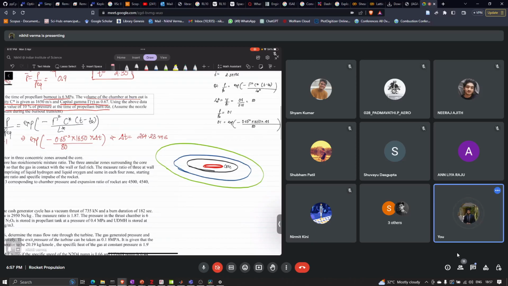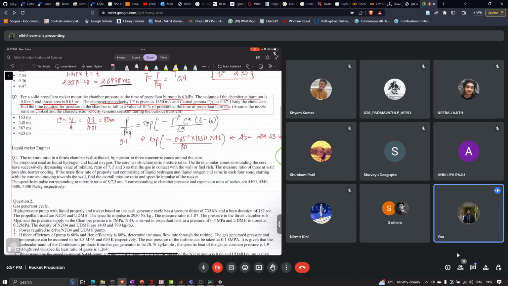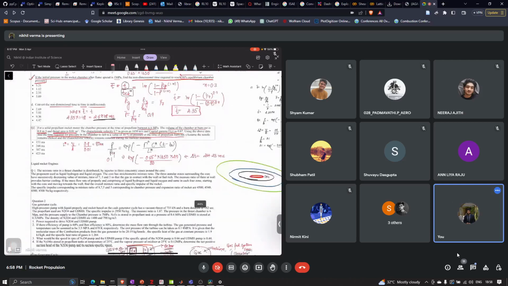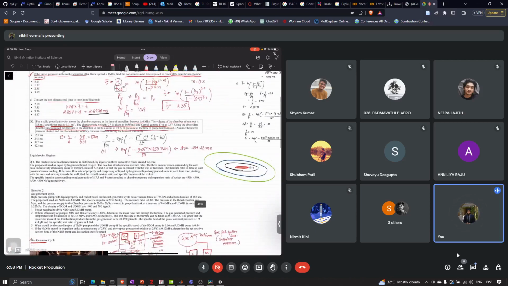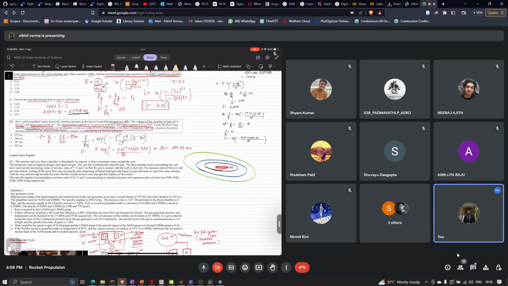The propellant used is liquid hydrogen and liquid oxygen. The core has a stoichiometric mixture ratio. So it will look like this.